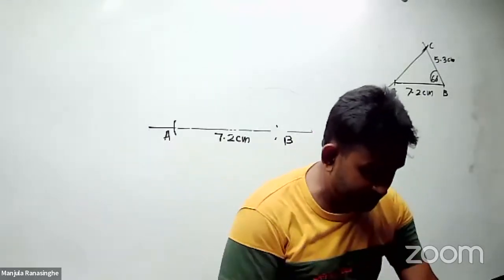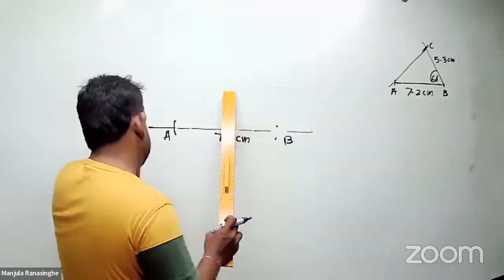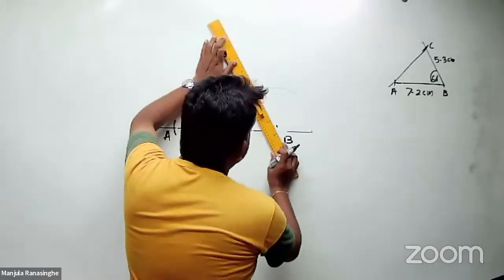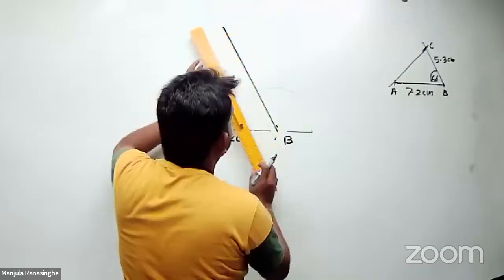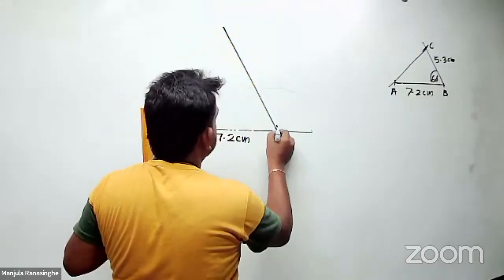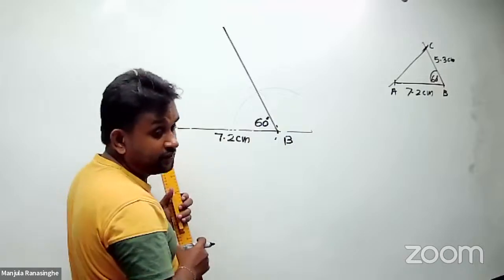Now it is 60 degrees. So you freely connect it without measuring the distance. Okay, so you connect it. So that is 60 degrees.